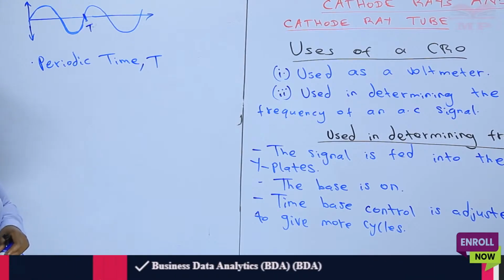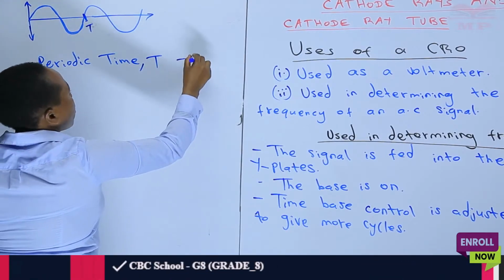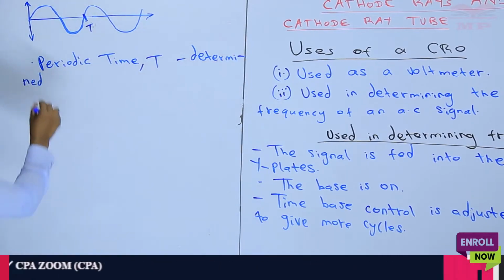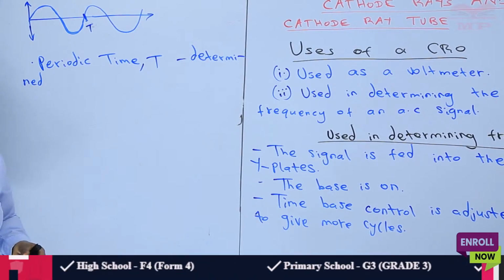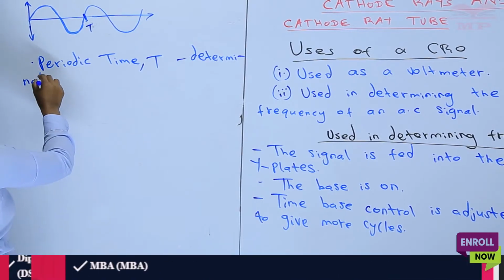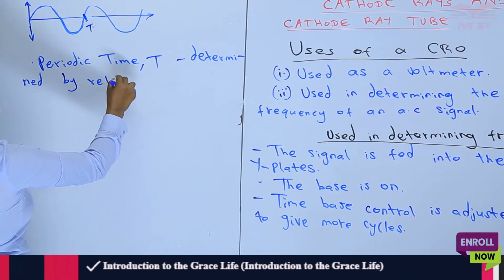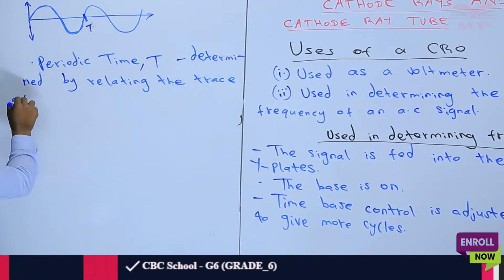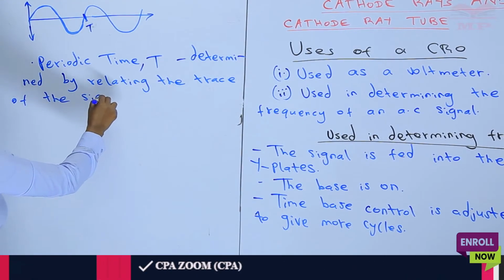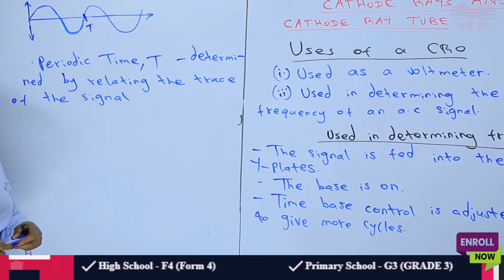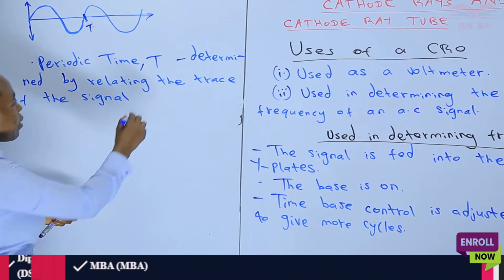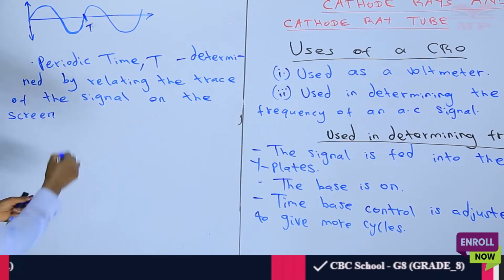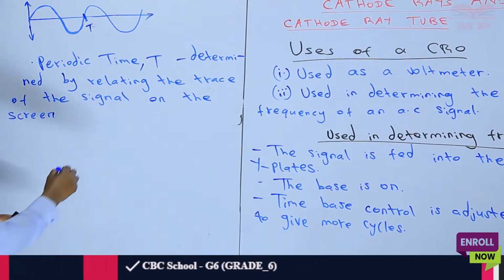And we can say that the periodic time is determined by relating the trace of the signal on the screen with the time base setting.